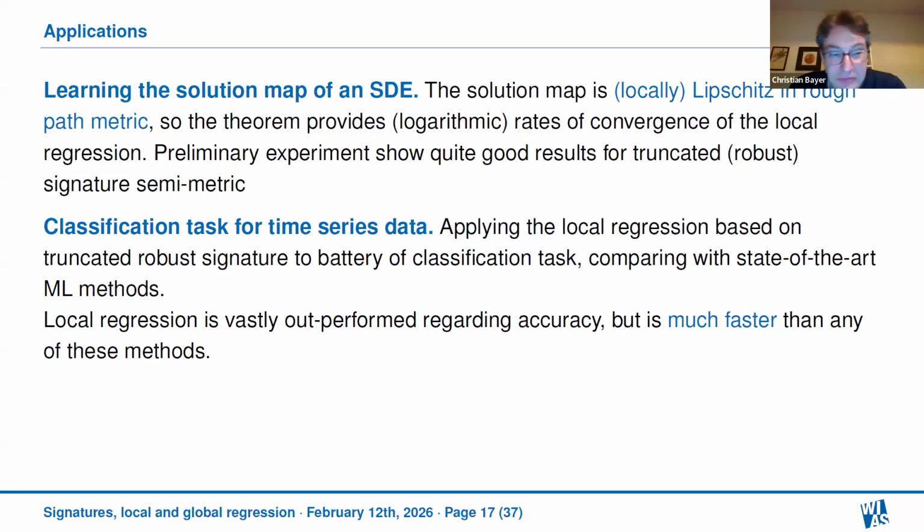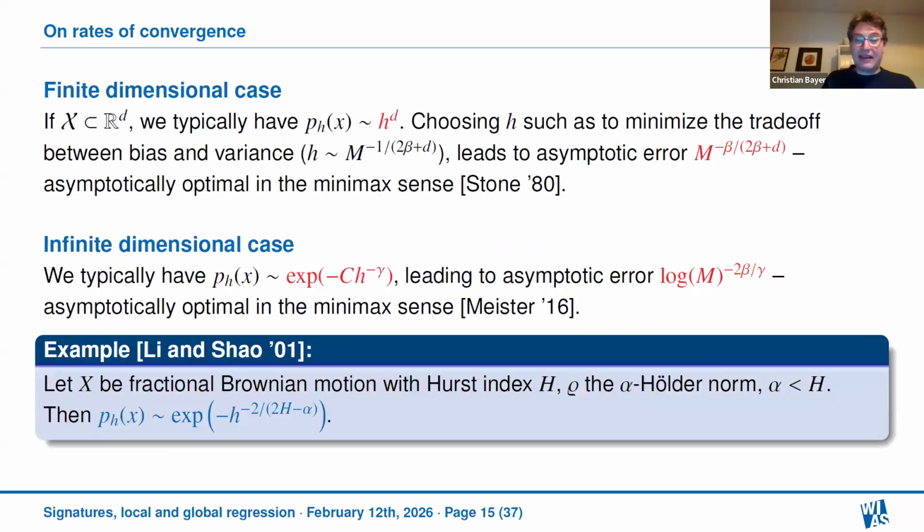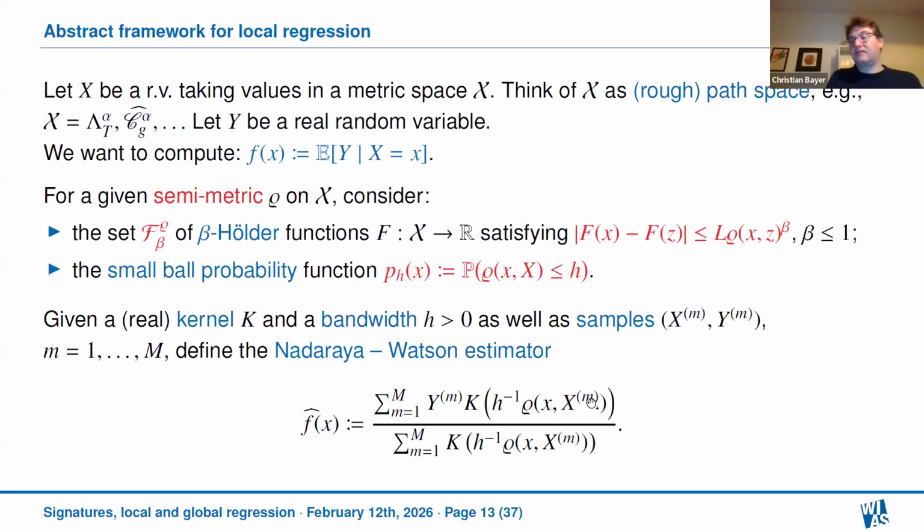On the flip side, it's much faster. Unlike, let's say, a state space model based on deep neural networks, where training is very computationally intense, in our case, we just do this. It's immediate.